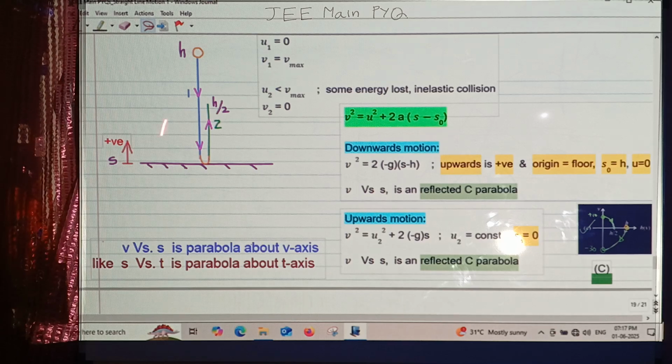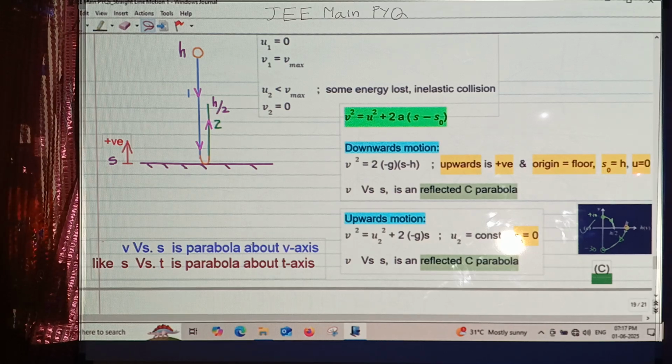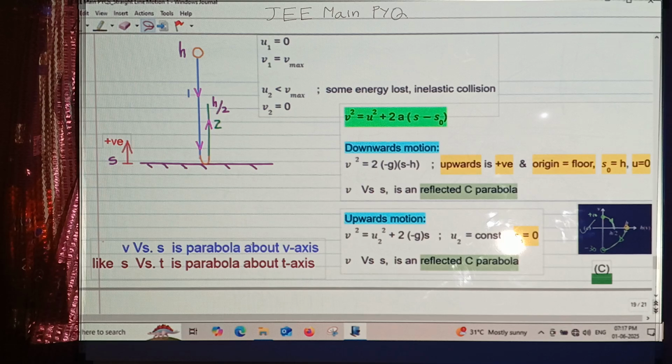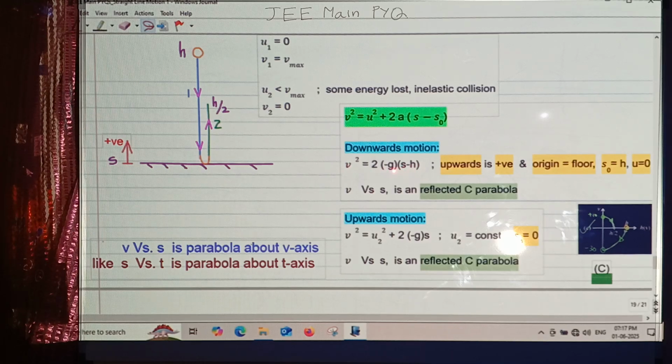Upward direction is positive and the origin is the floor, so the initial displacement s naught is plus h. This is y square because I'm plotting v on the y-axis, and x is the variable. So it's of the form y square equal to some negative number into x, a reflected C parabola.